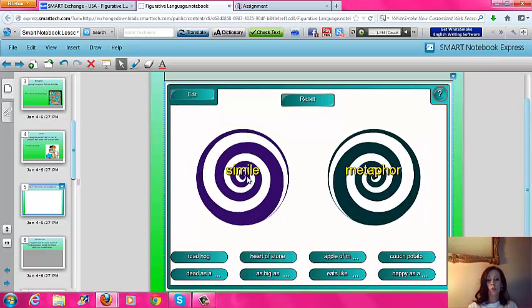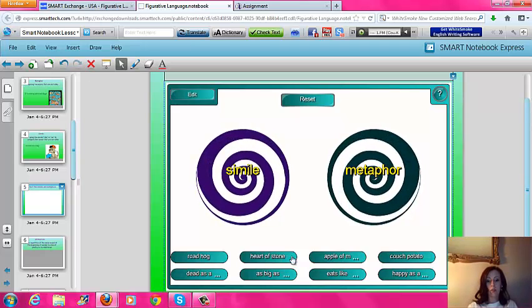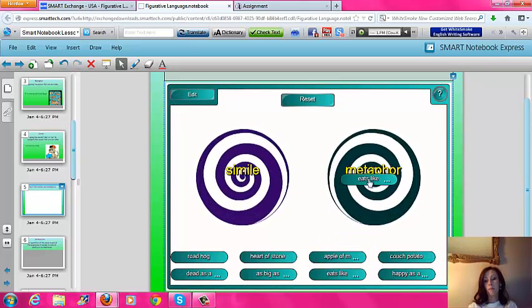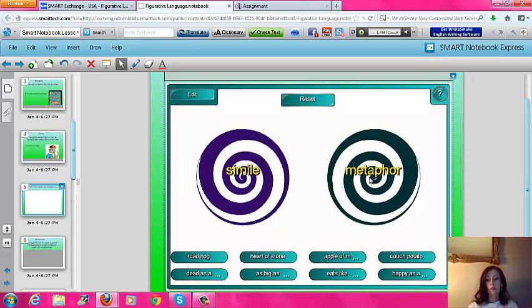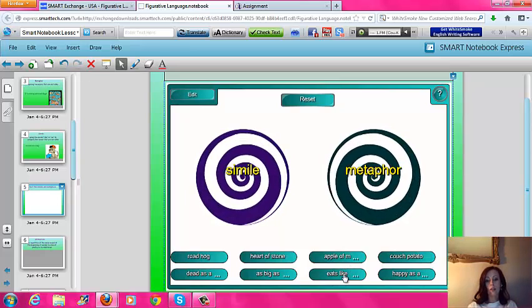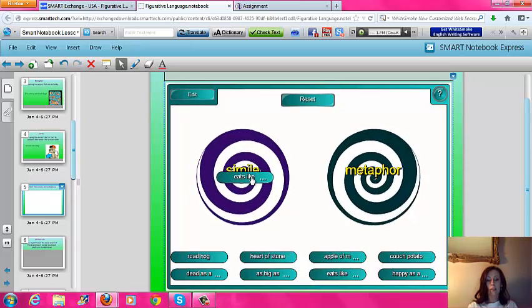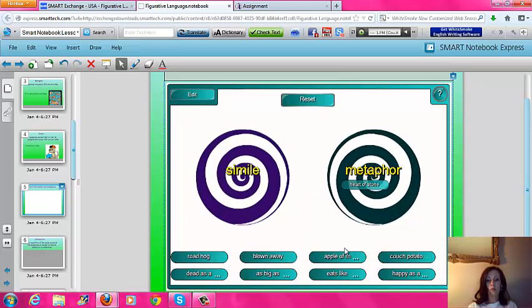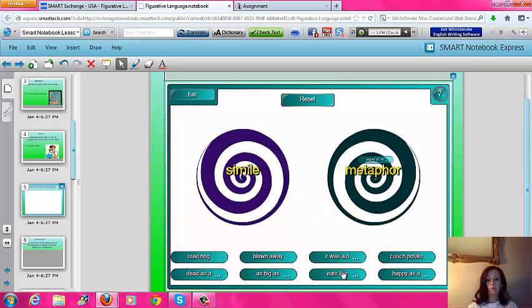It immediately absorbs that to show the students that it is correct. However, if I take eats like and I want to put it in the metaphor section, it spits it right back out and puts it right back down. So students can quickly see that it is not a metaphor, take it and place it in the simile. And it does it for all of these: heart of stone, apple.